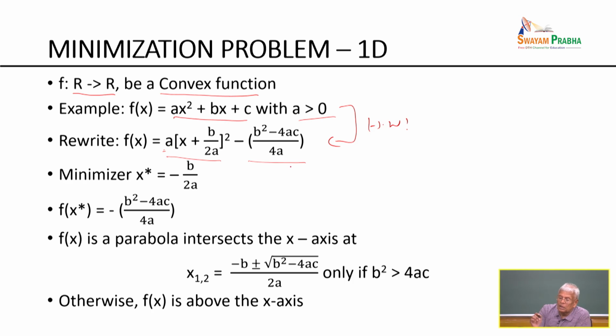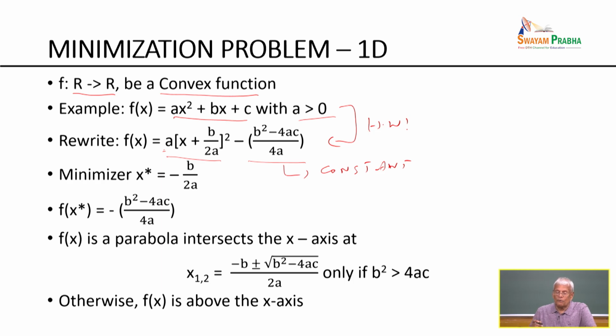The next term, b square minus 4ac by 4a, could be positive or negative, but it is independent of x. I have to optimize with respect to x. So, this term is a constant term, and we already know a constant term does not affect the location of the minimizer.